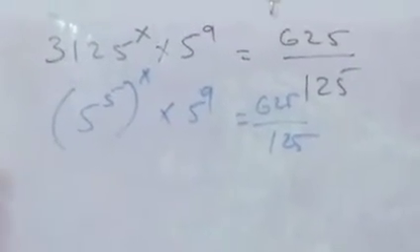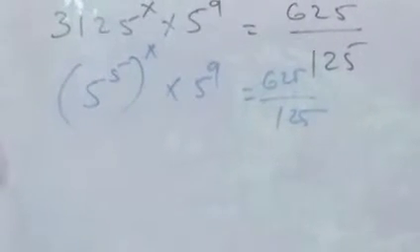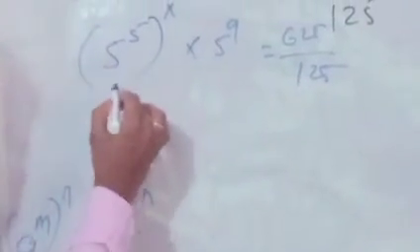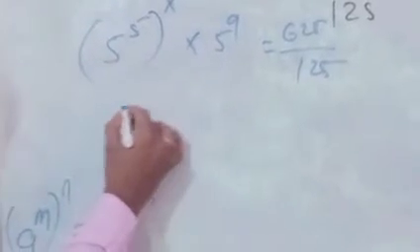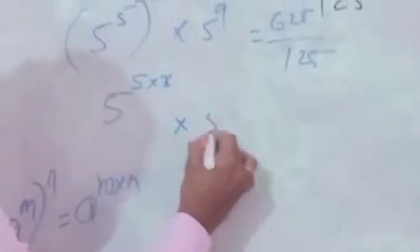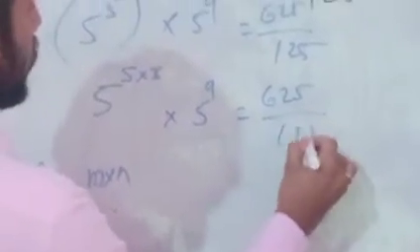Understood? Now, you remember this equation: a raised to m whole raised to n is equal to a raised to m into n. You remember this equation? So here the same equation we can apply: 5 raised to 5 whole raised to the power x, that means 5 raised to 5 into x, into 5 raised to the power 9, which is equal to 625 divided by 125.